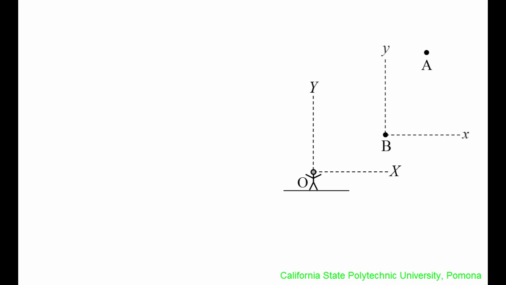Let the location of particle B be the origin for another reference frame which is moving along with the particle. We'll assume that neither reference frame is rotating. The position of particle A from the fixed reference frame is the vector RA.